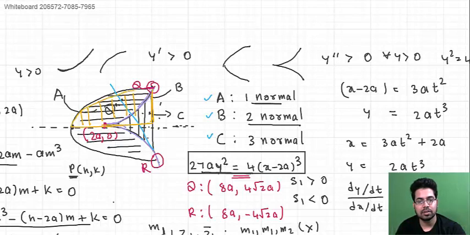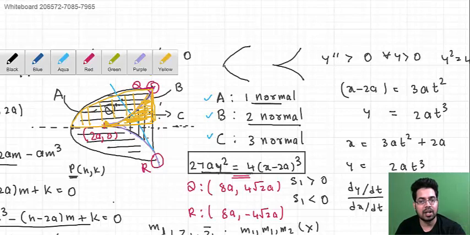But I wanted only till here. So what I did, I integrated this purple curve from 2a to 8a, because the x coordinate of this point is 8a, and I subtracted this area. So when I subtracted this area, I got this area.